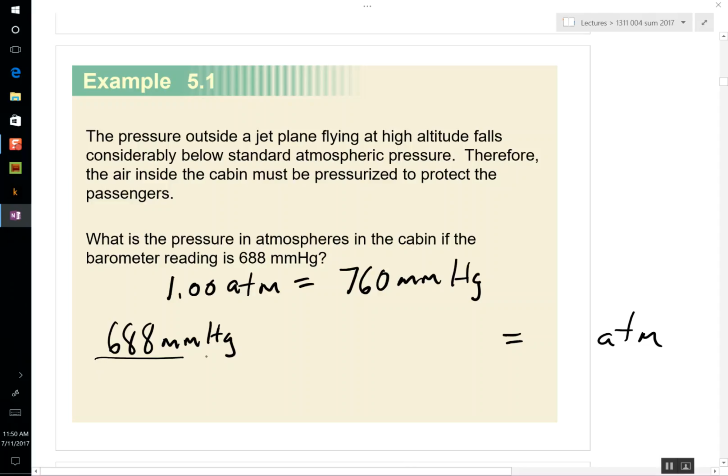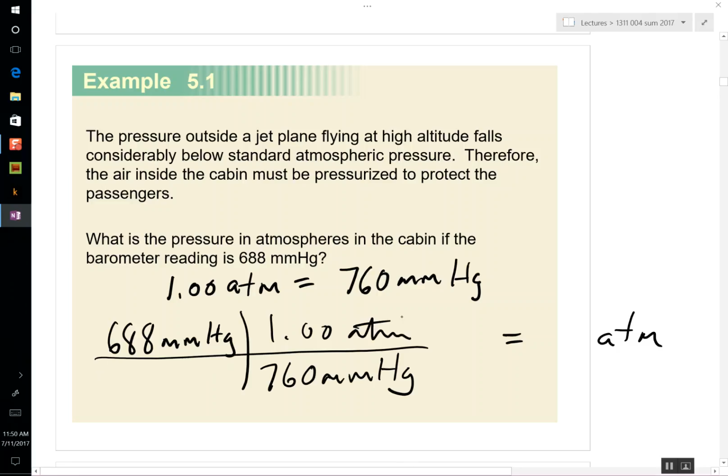Our dimensional analysis just tells us to put the millimeters of mercury down here, atmospheres up here. What do you get? 0.90.